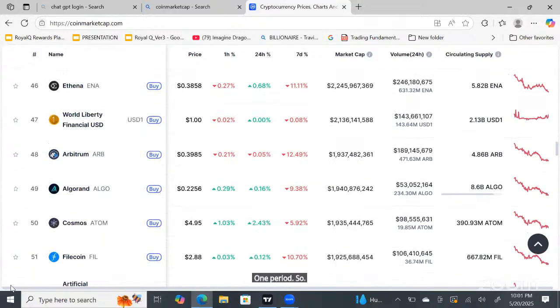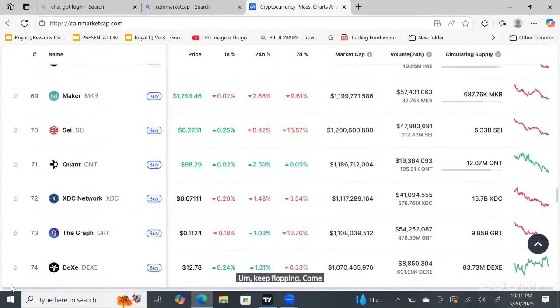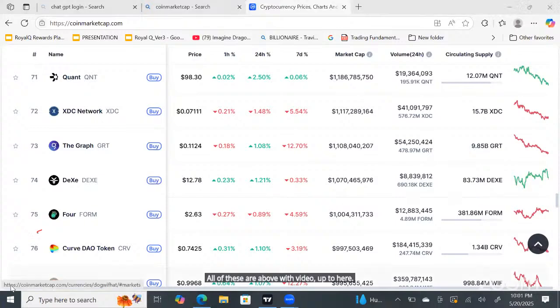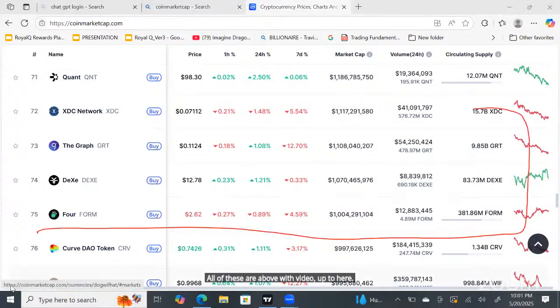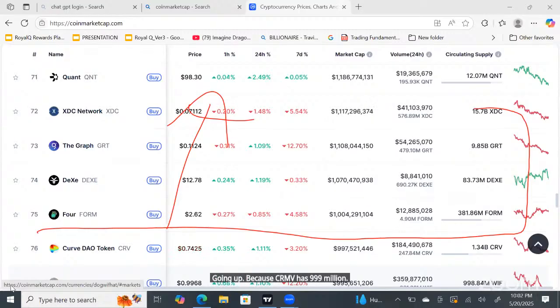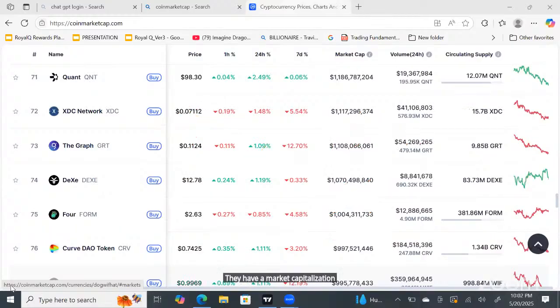All these are above a billion, up to here, because CRV has 999 million. So these we call them middle cap. They have a market capitalization that ranges from 1 billion to 10 billion.